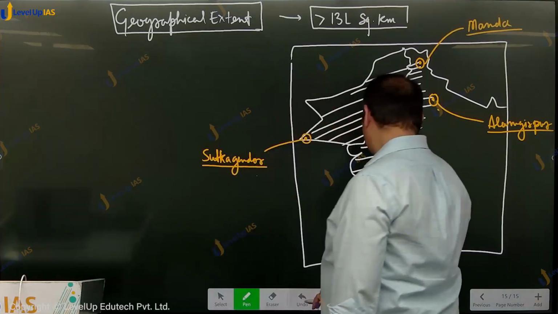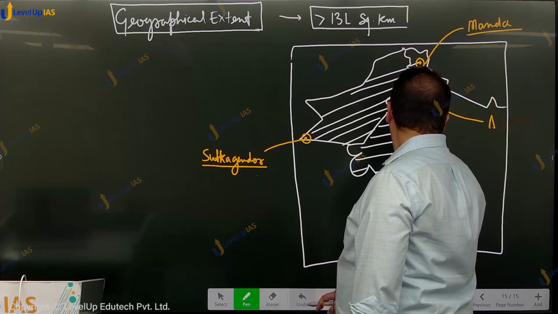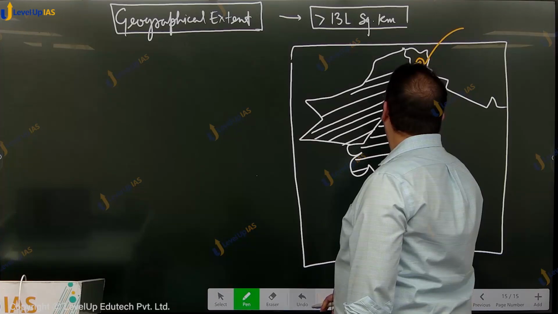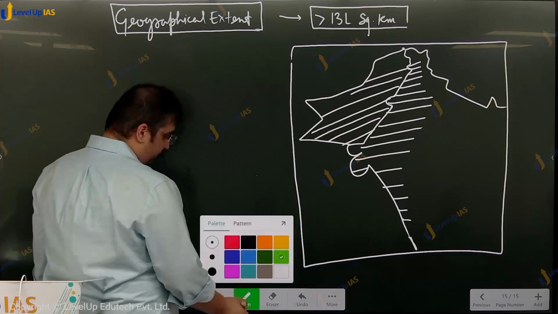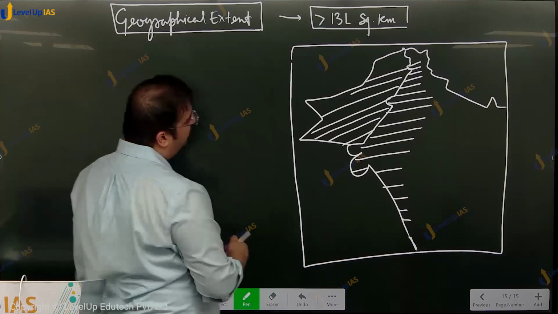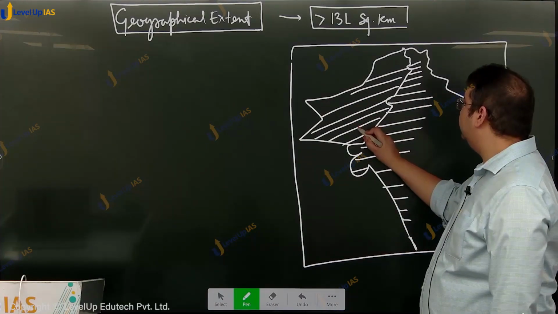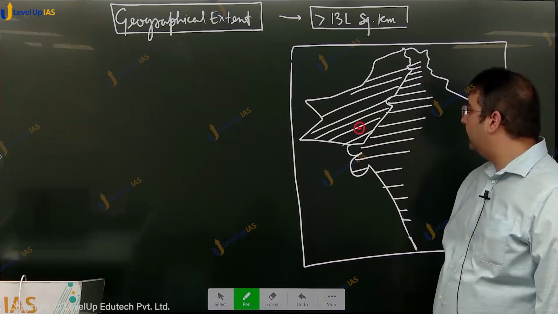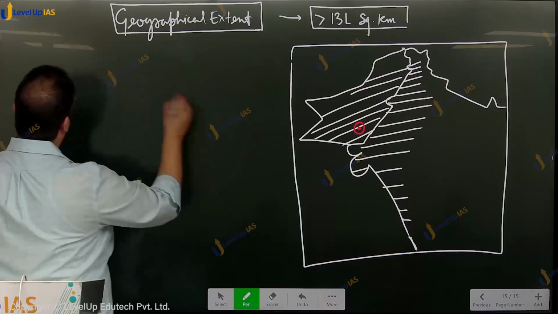So coming to the important sites, let us talk about them one by one. First of all, along the banks of the river Indus is located in Sindh a site known as Mohenjo-daro.